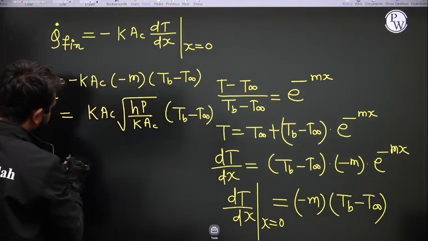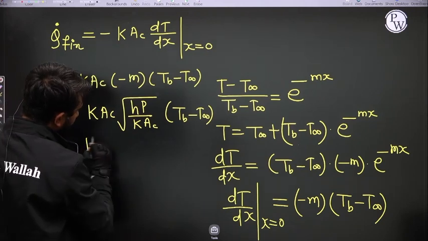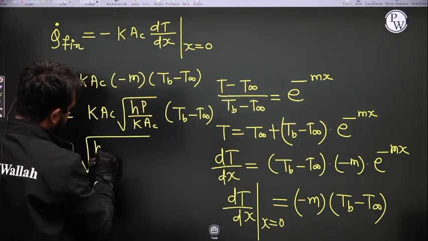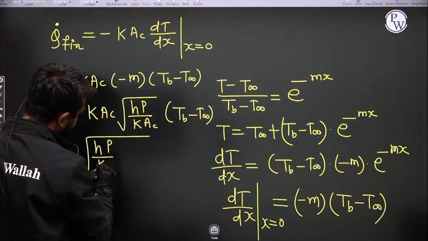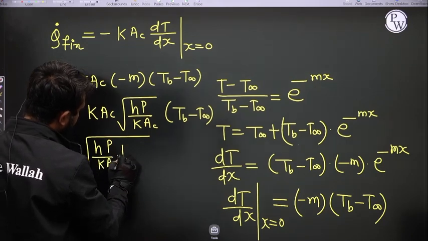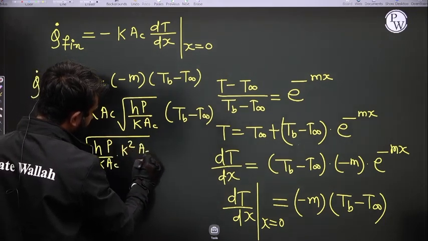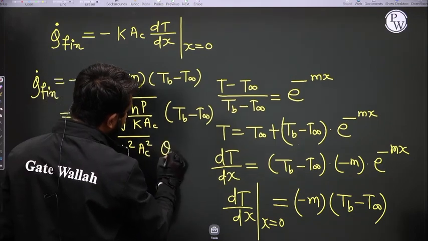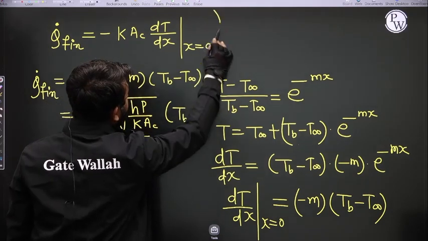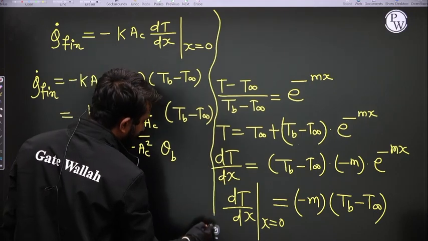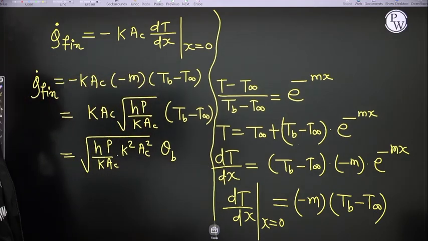So ultimately, if you arrange this term, this is root over hP by k Ac into k square Ac square, and Tb minus T infinity you can say is theta b.